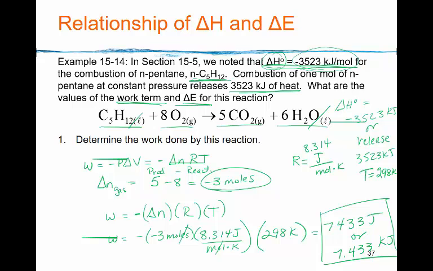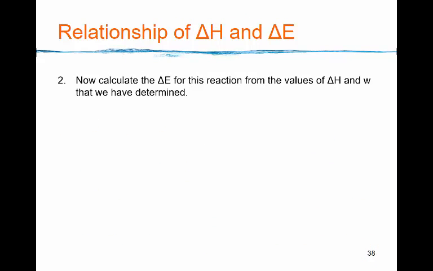We also wanted to know what the change in internal energy is for this reaction. So the delta E for the reaction is going to be delta E equals delta H minus P delta V. We already know that P delta V is equal to 7.433 kilojoules.